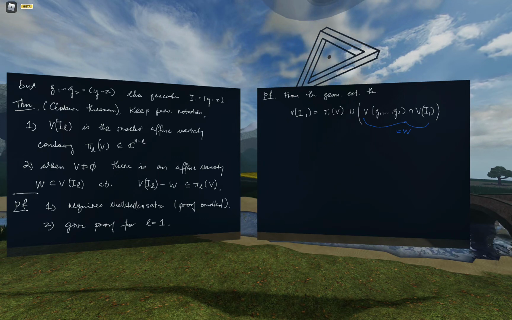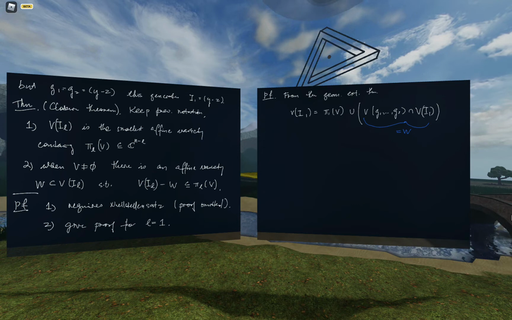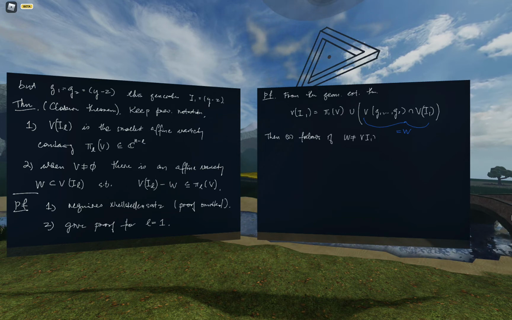But we wanted, hang on, did I say W not equal? Yeah, anyway. So we obviously don't want W to be all of V(I_1), because that's stupid. So 2 follows if W is not V(I_1).